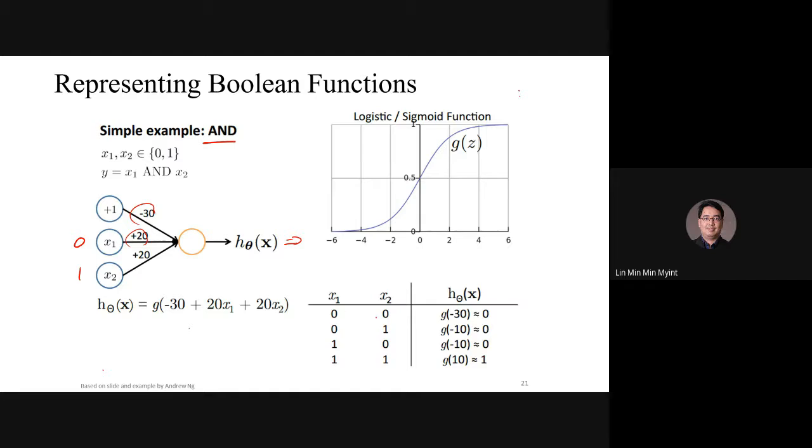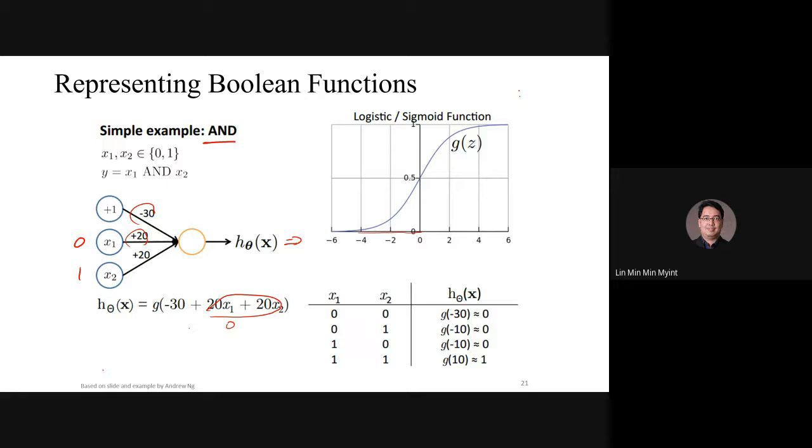If it is 0 0, you can calculate: these two will be 0, so minus 30, and minus 30 means approximately equal to here, approximately equal to 0, so it's just 0.